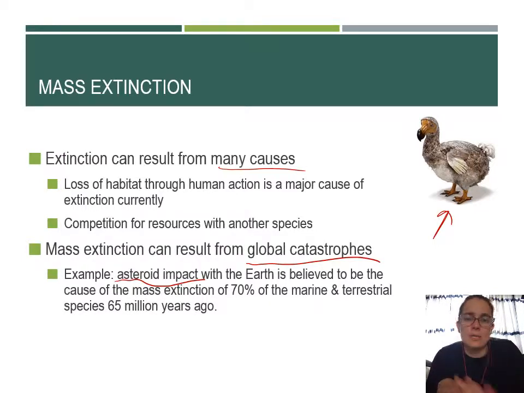It can cause an ice age, it changed climate and all that type of stuff. It's believed that that is the cause of 70% of the death of different species. And then we're looking at evolution that's occurred from the surviving ones beyond that. So mass extinction is not just one species, it's a whole heap of things dying off at once.